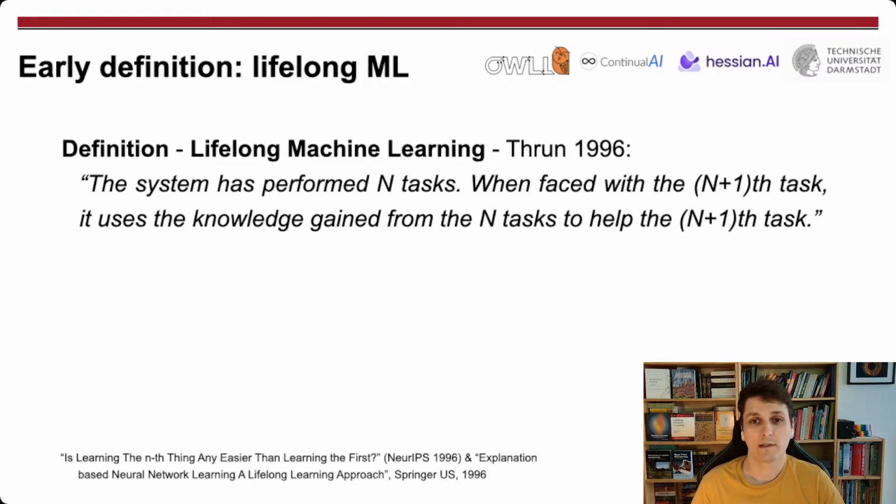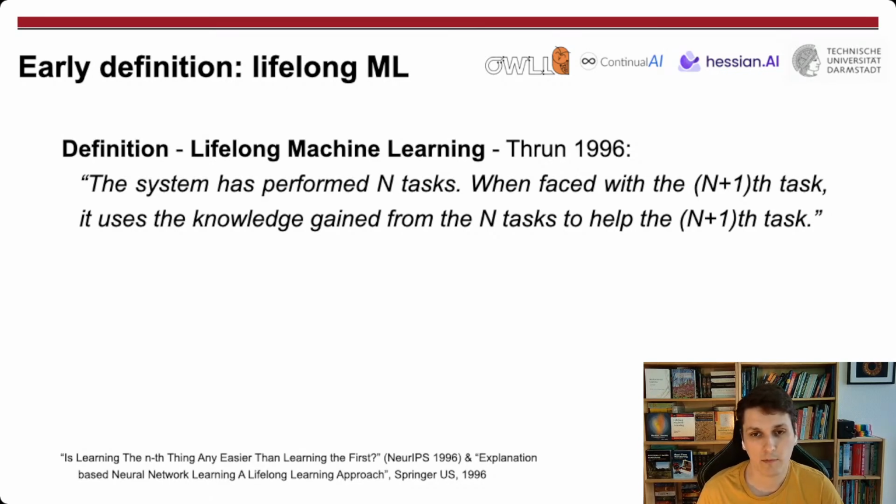So starting out, we have not actually had a definition of lifelong learning in the first lecture. So let me try to give you one of the more popular ones, just to have something to talk about. This one is by Thrun from 1996. The system has performed n tasks.